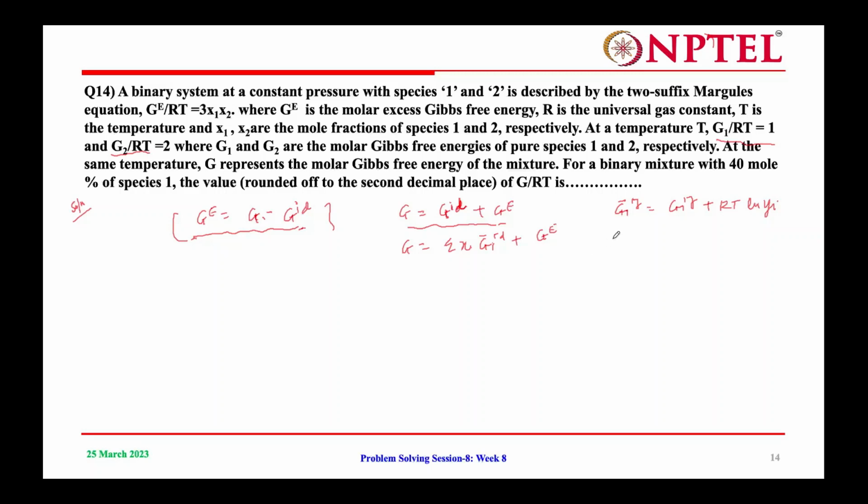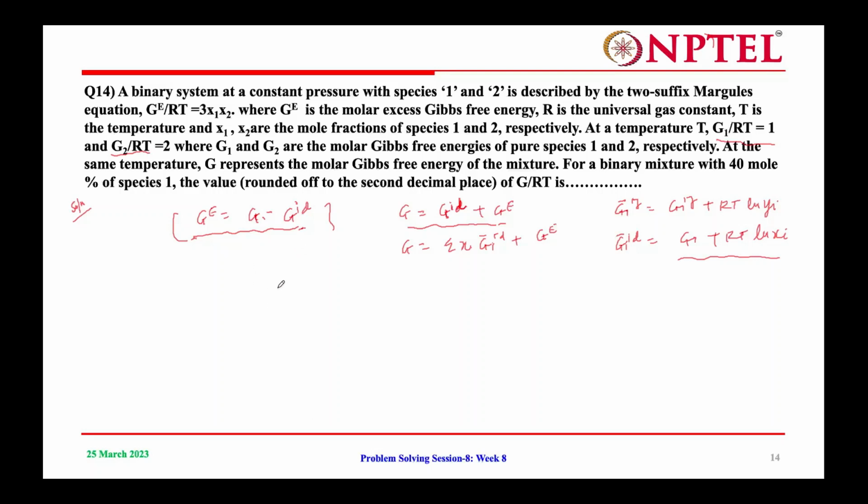And similarly for ideal solutions, Gi^id bar is equal to Gi plus RT ln xi, right?